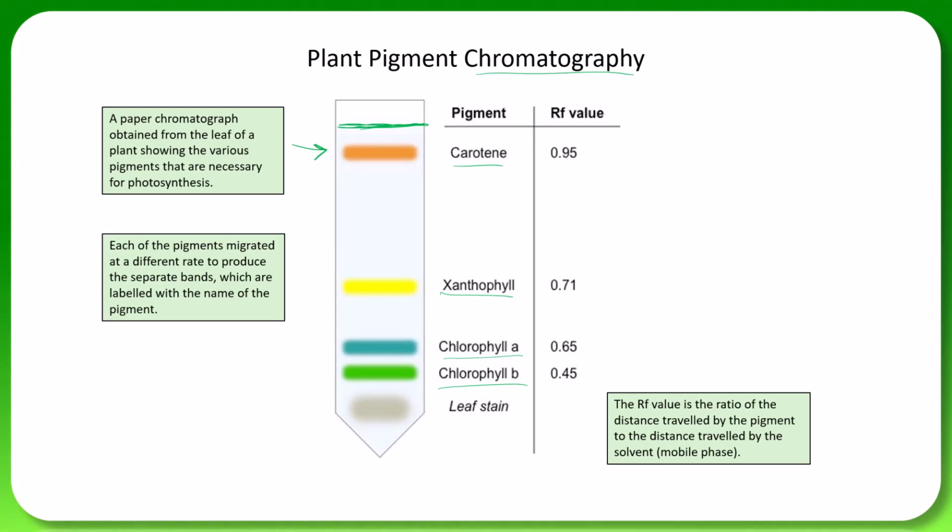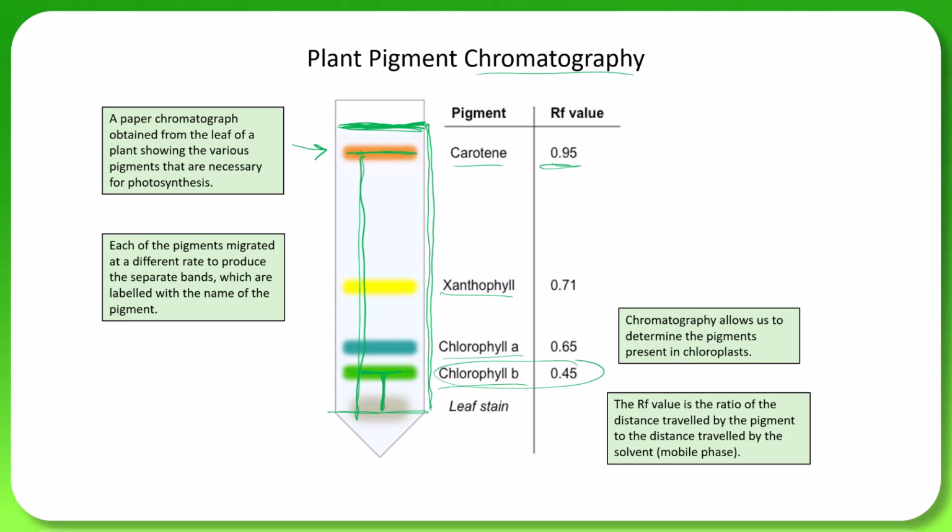So if the leaf stain started here, we can measure with a ruler the total distance the solvent moved, and we can compare the total distance the pigment moved, and that helps us calculate the RF value. So for this chlorophyll B, we would measure this distance, and we would put it over this distance, which is the solvent movement, and we would get this. Whereas if we measured this distance and put it over this distance, then you get this value.